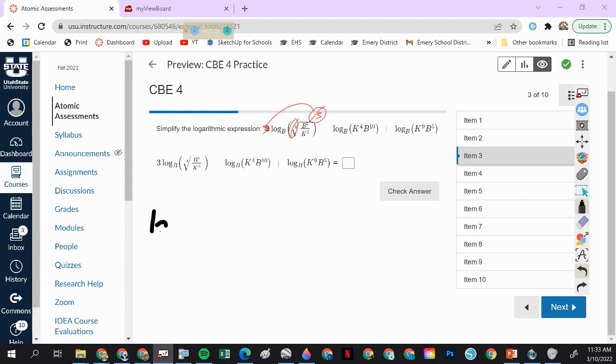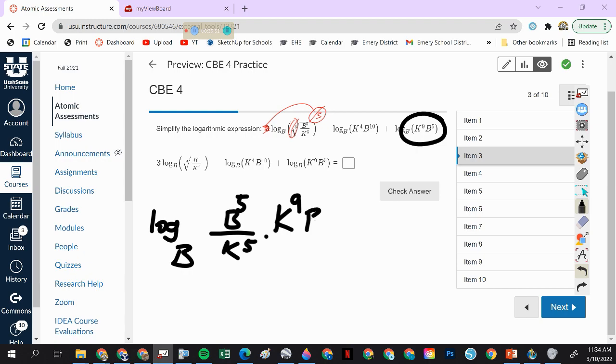So we're going to have a single log base b, and everything that is positive lands on top, and everything that is negative lands on bottom. So b to the 5th over k to the 5th times this one. So b to the 5th, k to the 5th times k to the 9th, b to the 5th over k to the 4th, b to the 10th.